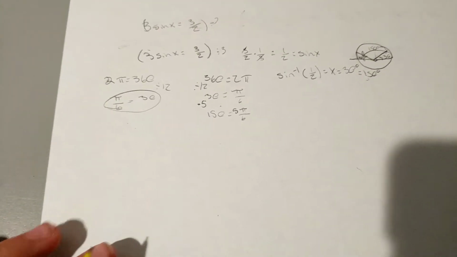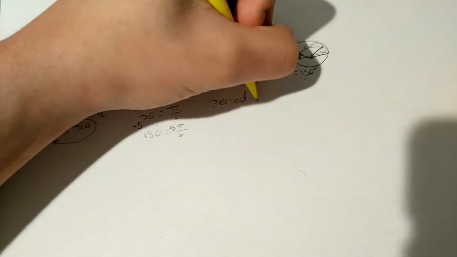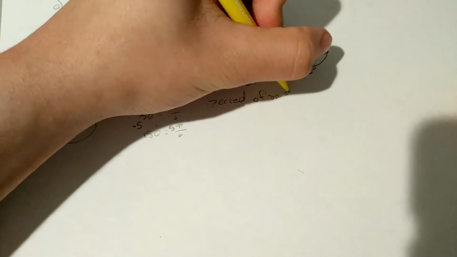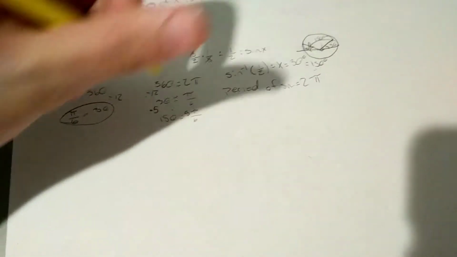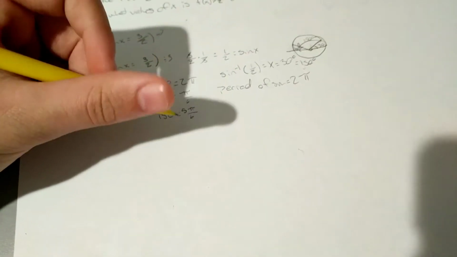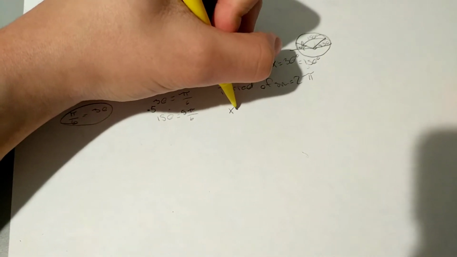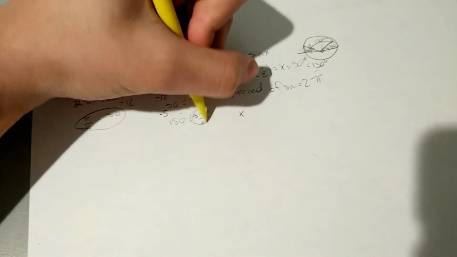And the next thing I need to note is that the period of sine is 2 pi. Okay? So the equation for all of it will be, for all values of x, or here, let's just choose this example.